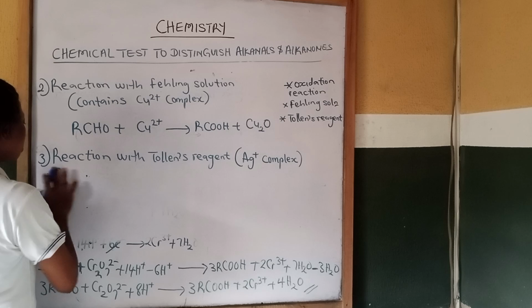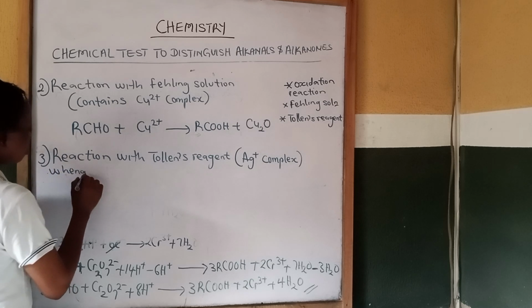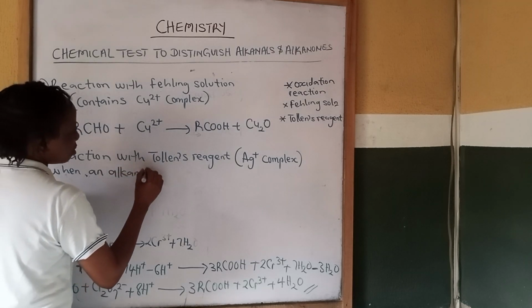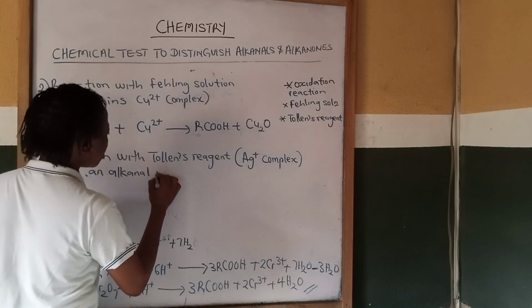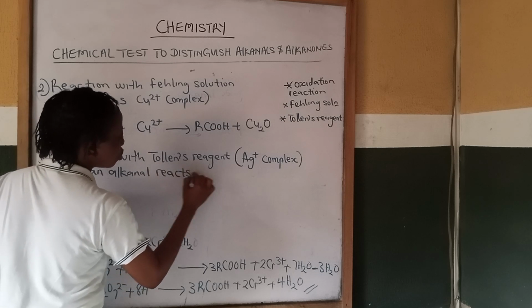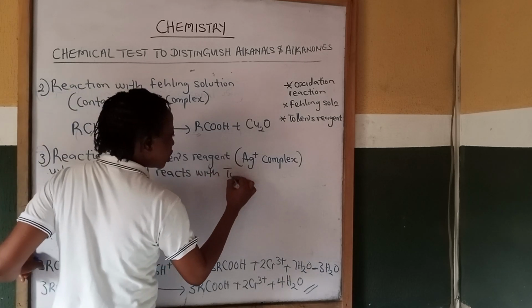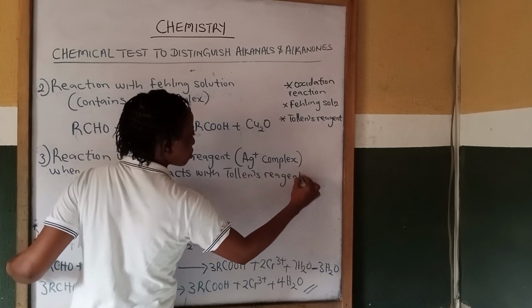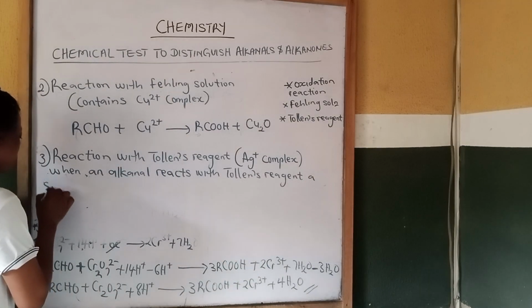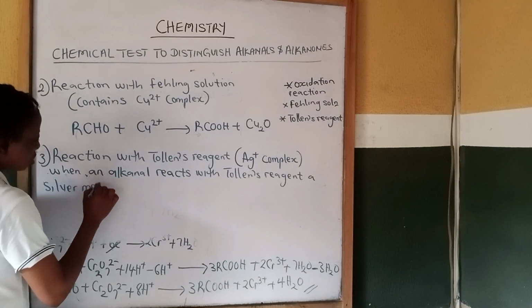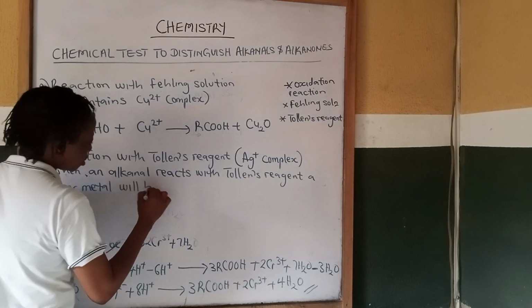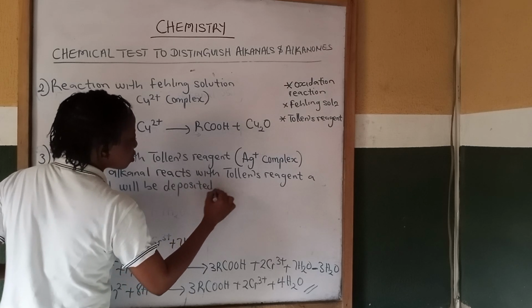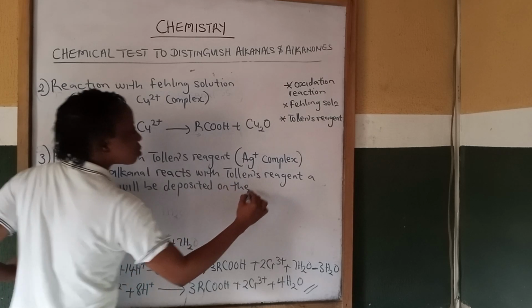So when an alkanal reacts with Tollens reagent, a silver metal will be deposited on the wall of the test tube.